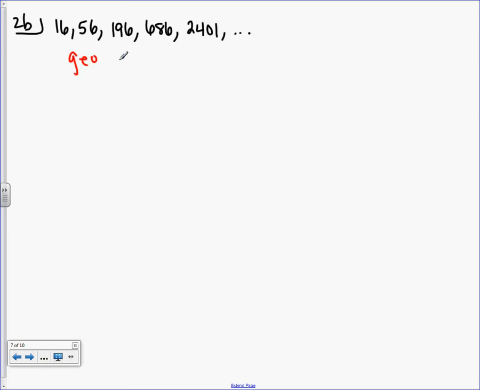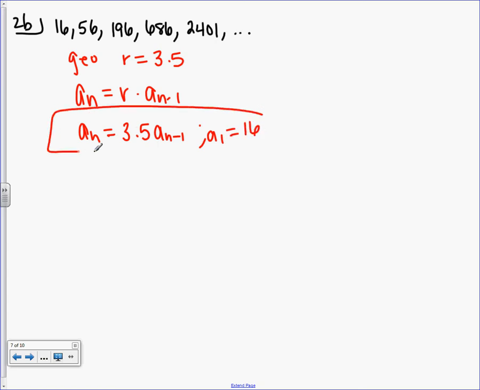Geometric, where r is 3.5. So I'm going to use that formula: a sub n equals r times a sub n minus 1. So a sub n equals 3.5 times a sub n minus 1, where a sub 1 is 16. That's it.